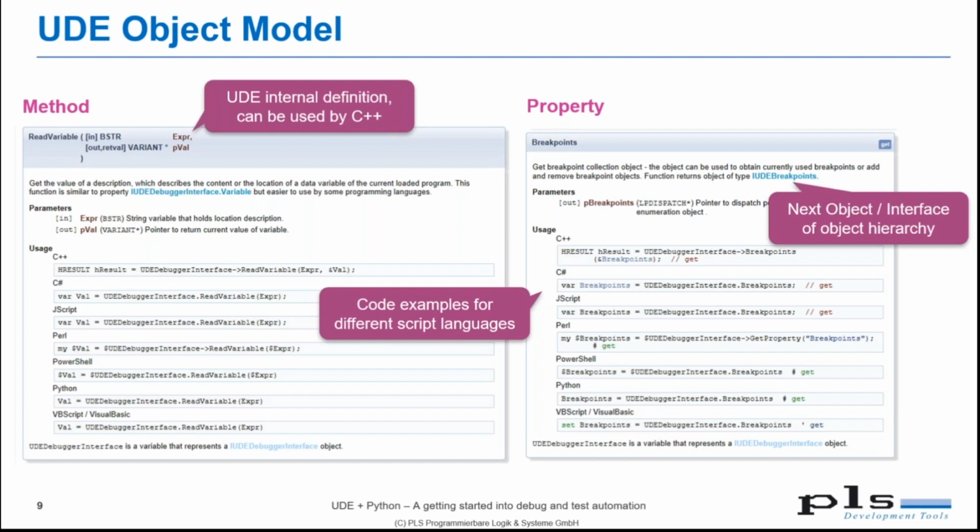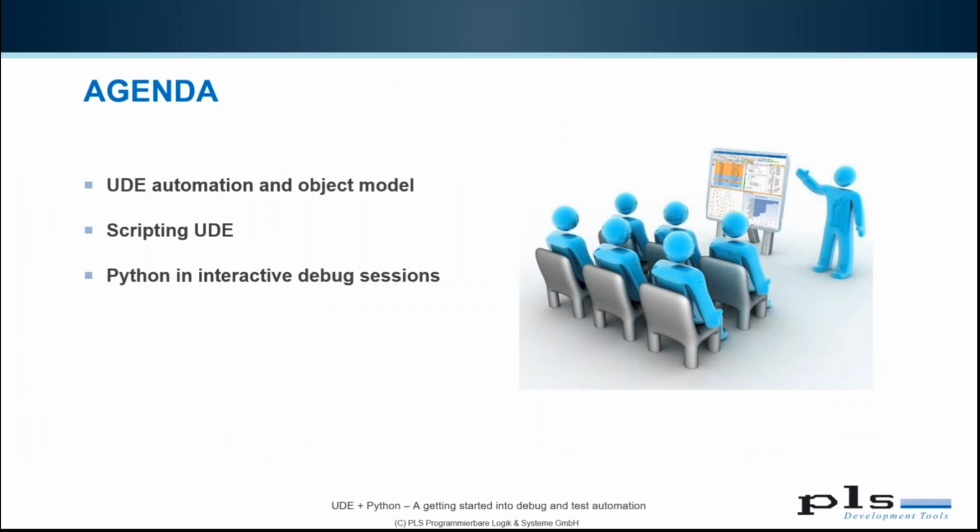You get also a description text which explains what the function is doing, which parameters are used, and finally you have some code examples here showing you how to use the specific function or property in the scripting language of your choice. In that example here, using this in Python.